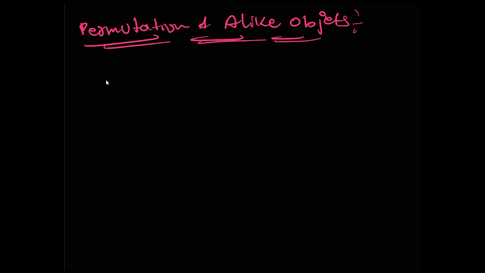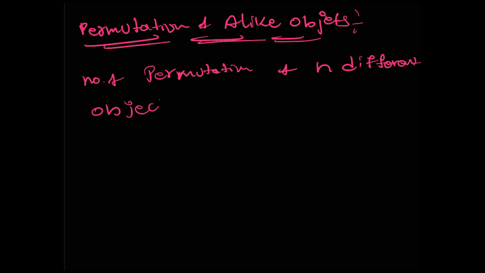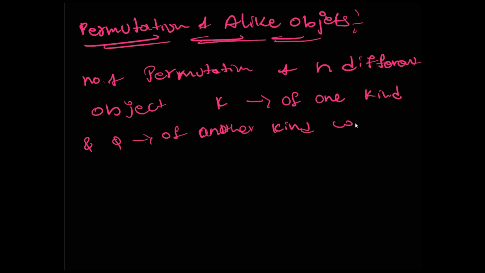Permutation of n different objects. The number of permutations of n different objects, where k of them are of one kind and q of them are alike of another kind, will be n factorial by k factorial into q factorial.